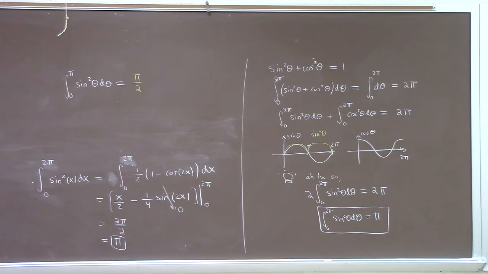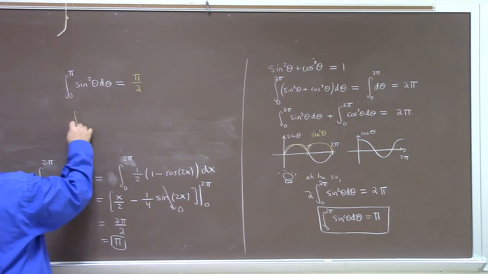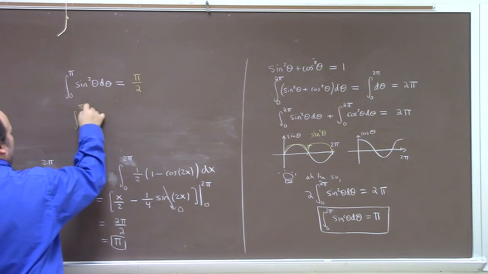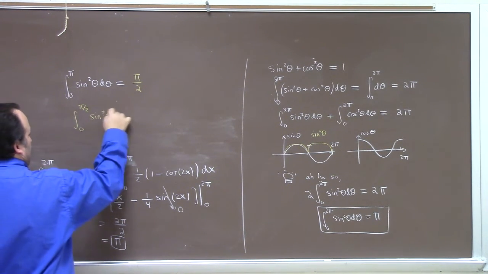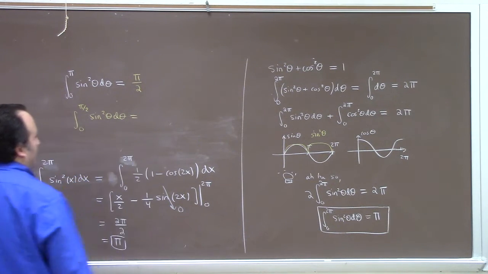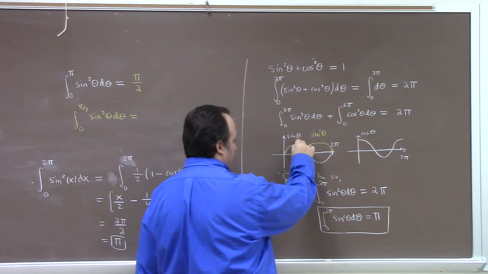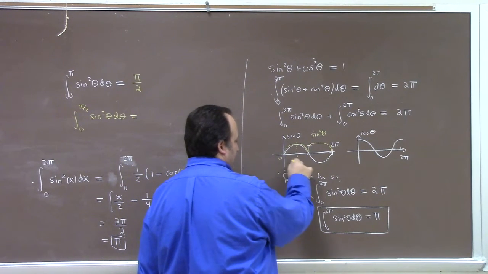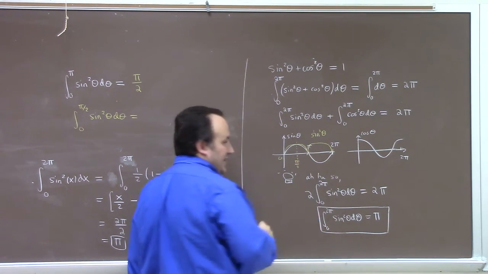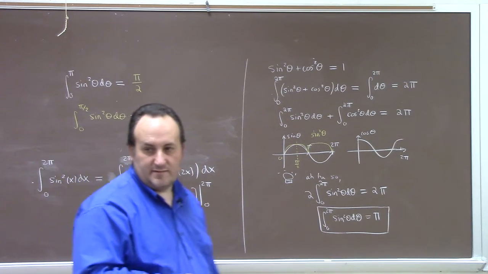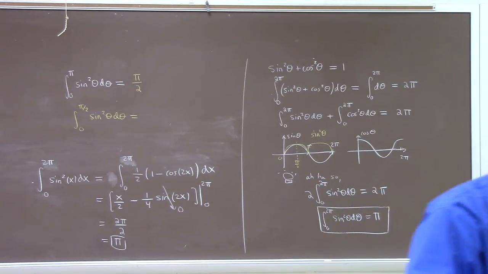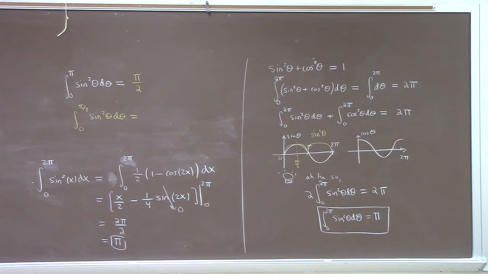And then if you further accept this idea, what's the integral from 0 to pi over 2 of sine squared theta d theta? Is there any difference as you think about the shape here, 0 to pi over 2 versus 0 to pi?